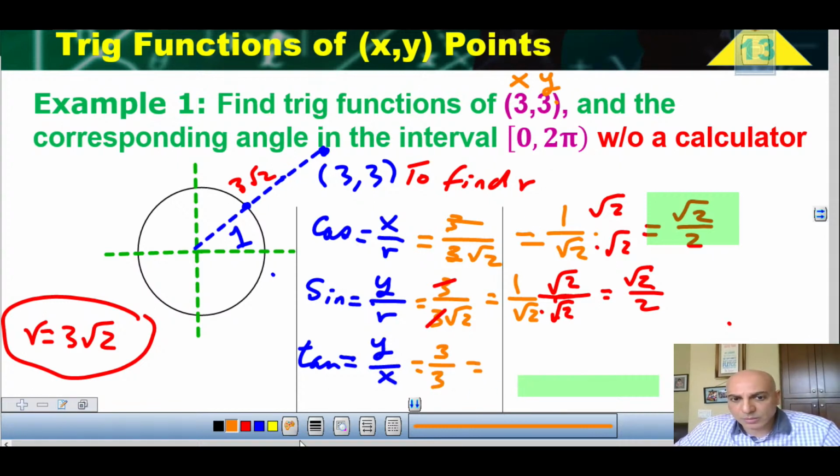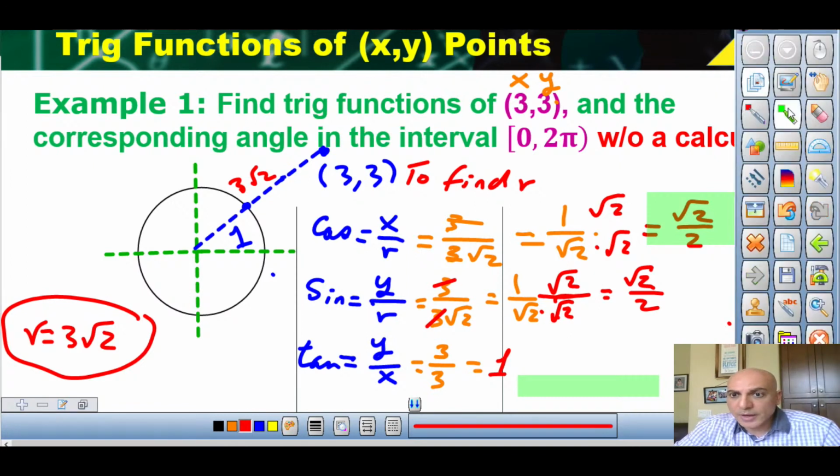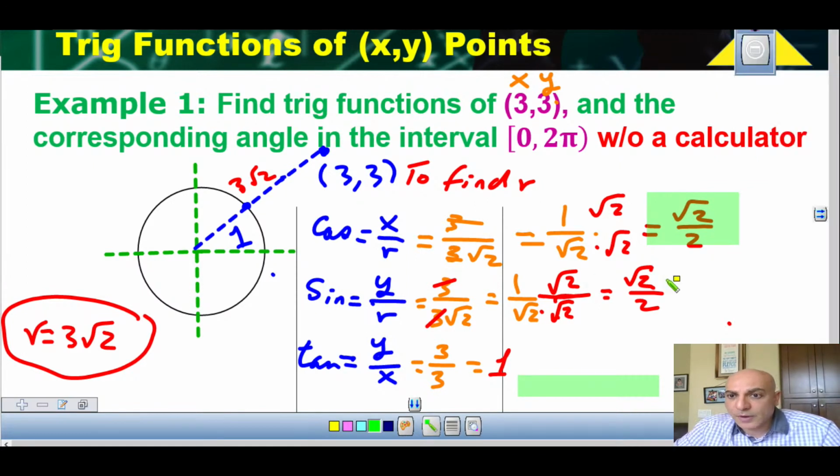So what's tangent? Tangent is 1. So can you infer from what's given here what angle has a cosine of square root of 2 over 2, a sine of square root of 2 over 2, and a tangent of 1?